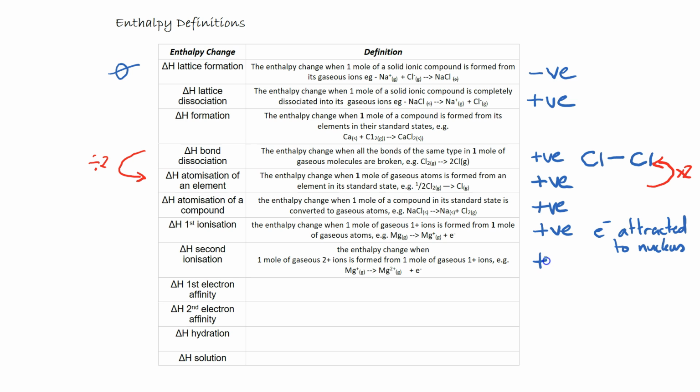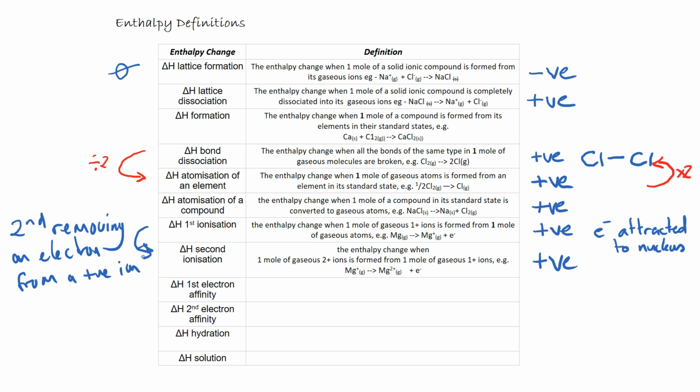Again, this is positive, but notice, as with all of these, and you should have seen this in your year 1 course, that the first ionization energy is going to be less than the second, because for the second ionization energy you are removing an electron from a positive ion, and therefore that requires more energy to extract that electron.